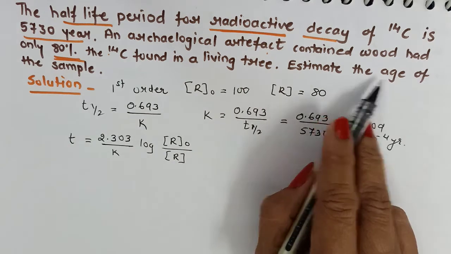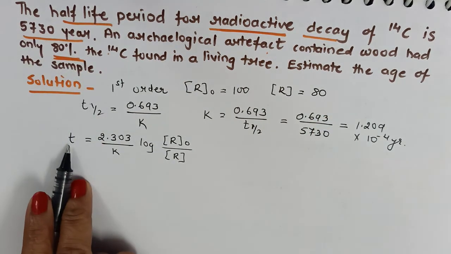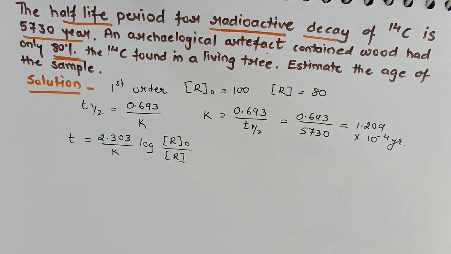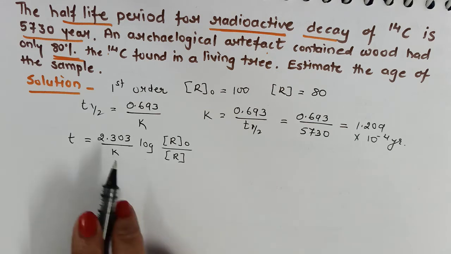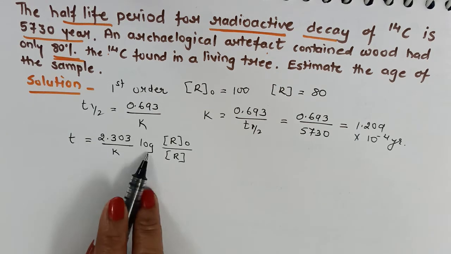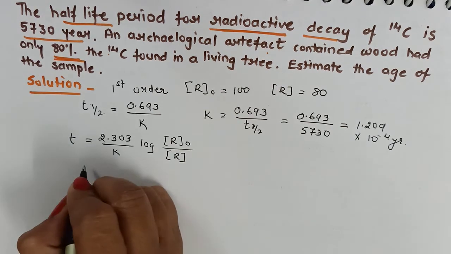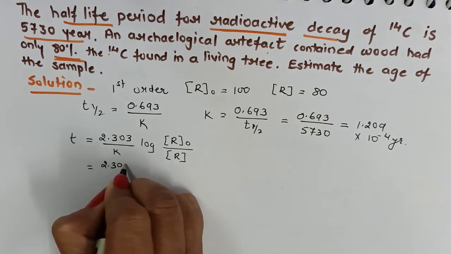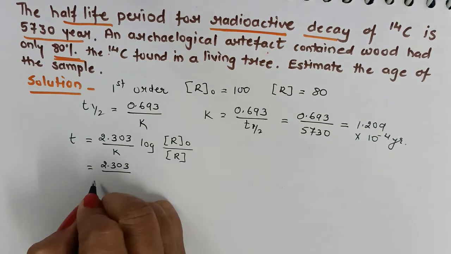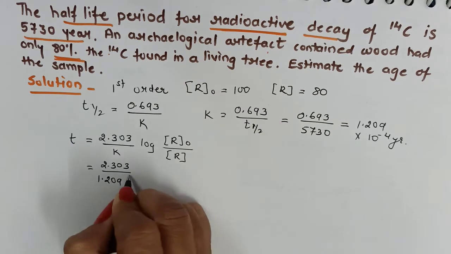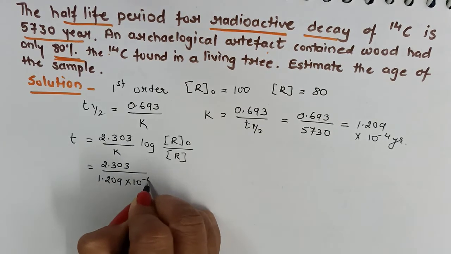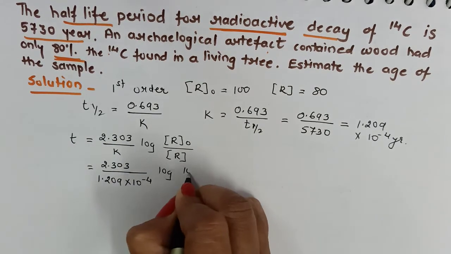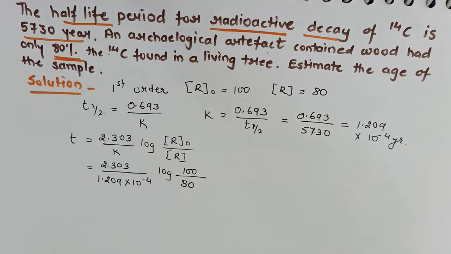We are supposed to calculate the age of the sample. That means we have to calculate t. So we will use the equation for the first order, t equals 2.303 upon K log R0 upon R. This is 2.303 upon K, value is 1.209 into 10 to power minus 4, log initial concentration 100 upon 80.